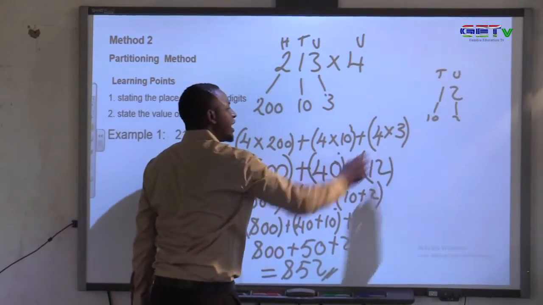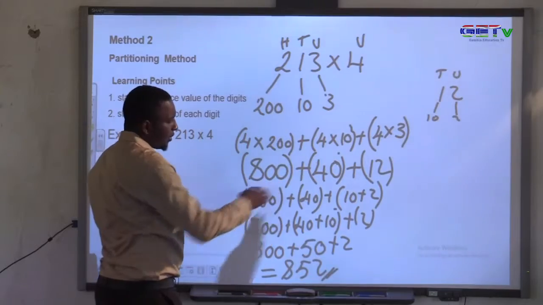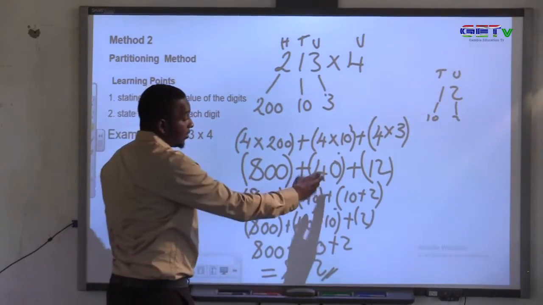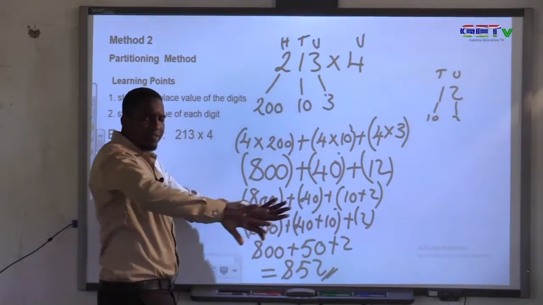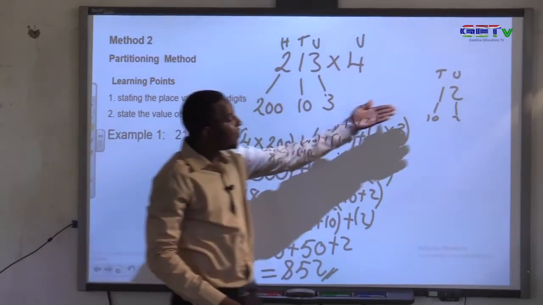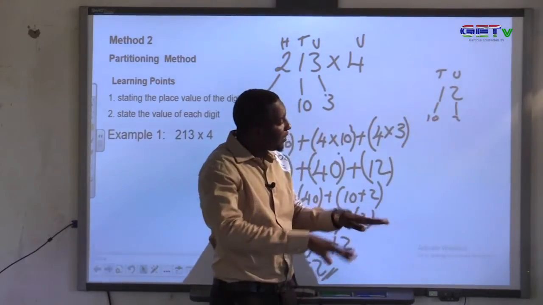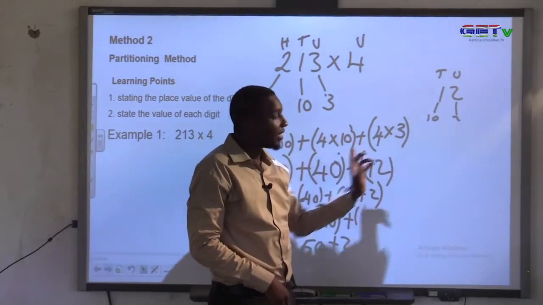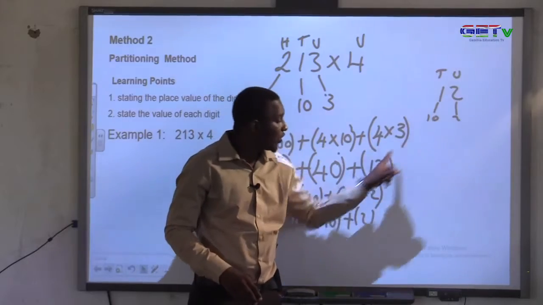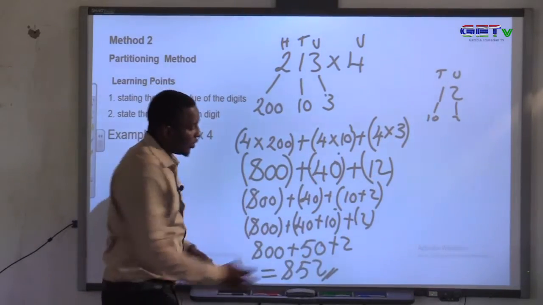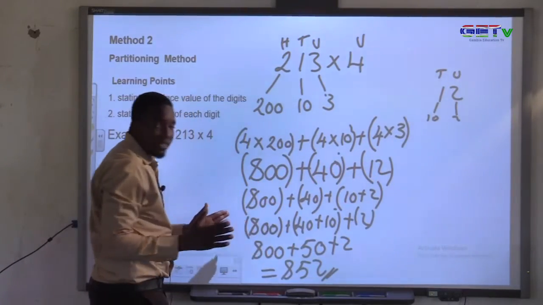Well, 12 was kind of odd because you can see 8 is accompanied with only zeros, 4 is accompanied with a 0, but 1 here is being accompanied with a 2. So we said let's kind of separate that. We can separate it by having 10 on one side and 2 on the other side. But in general, when you add 10 and 2, you're going back to the 12.